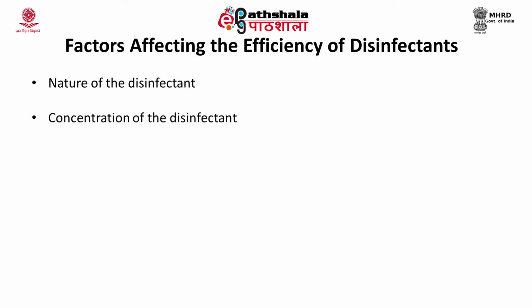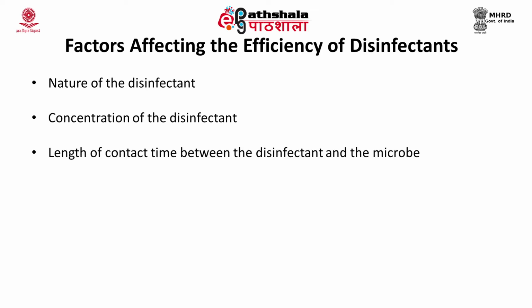The second factor affecting the efficacy of a disinfectant is its concentration. A high concentration of the disinfectant kills a large population, and as the disinfectant is diluted, its efficacy decreases. The third factor is the duration of contact time between the disinfectant and the microorganism.